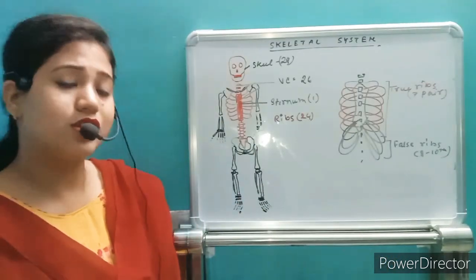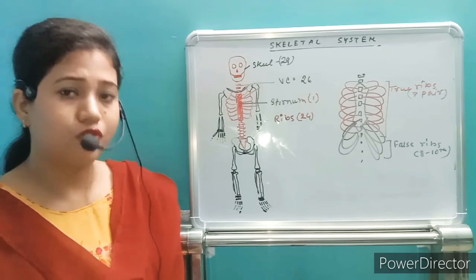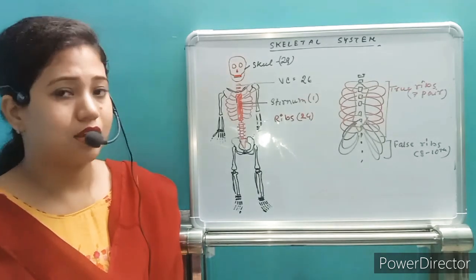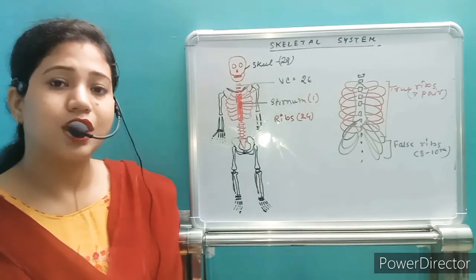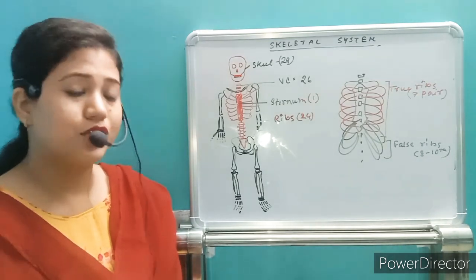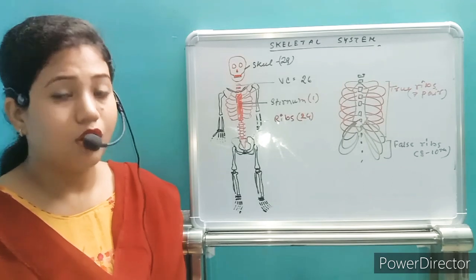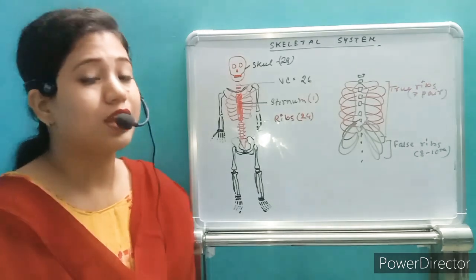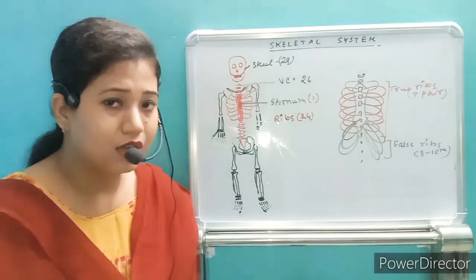Why? Because they arise from the vertebral column, but on the front they cannot attach with the sternum because the sternum is shorter. So they articulate with the cartilage, which is then attached to the seventh rib. Okay, so that's why they are also called vertebrochondral ribs.